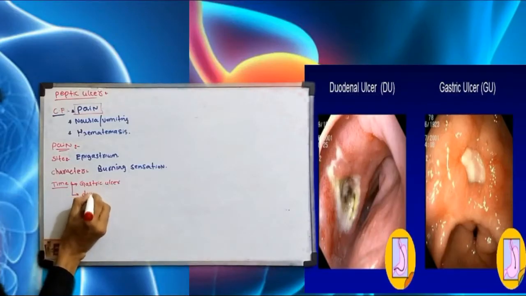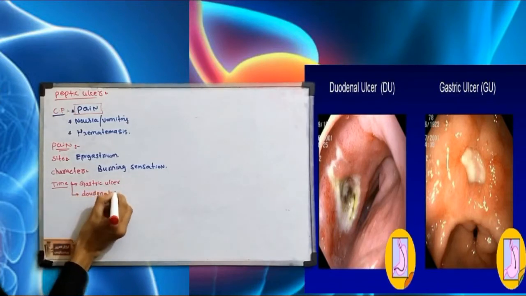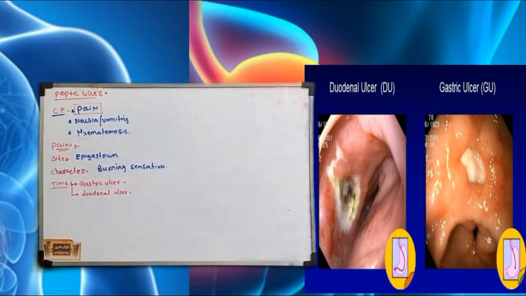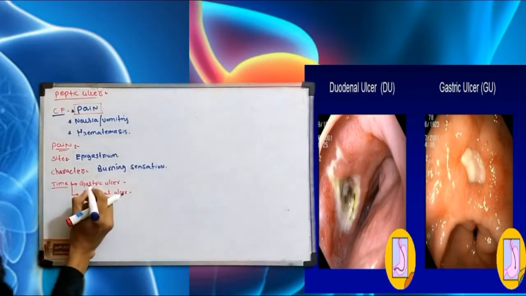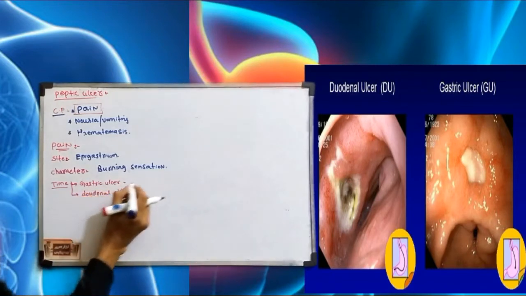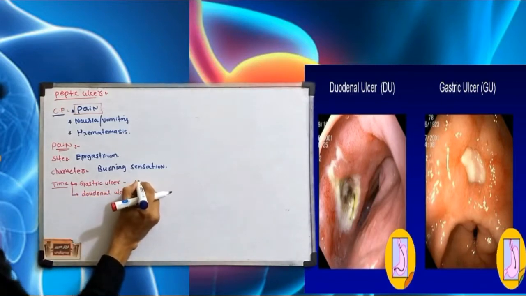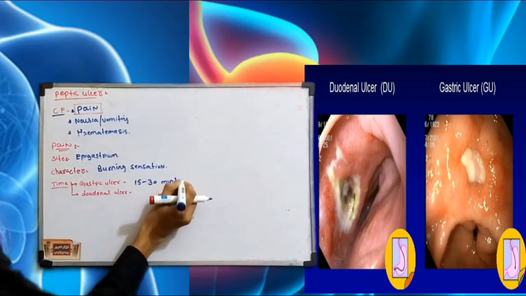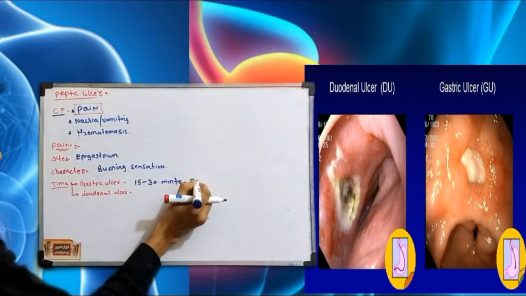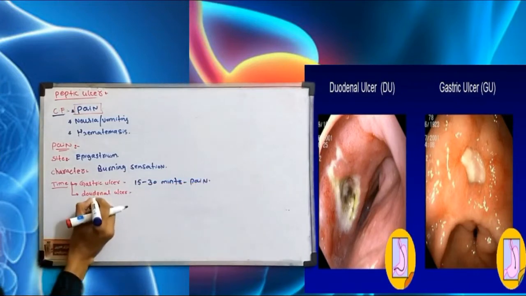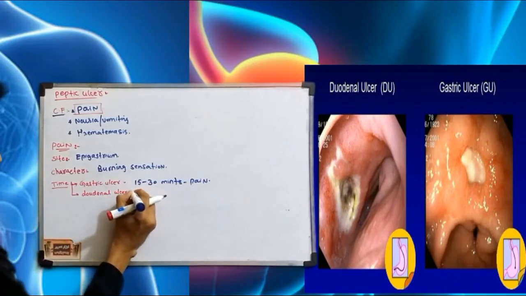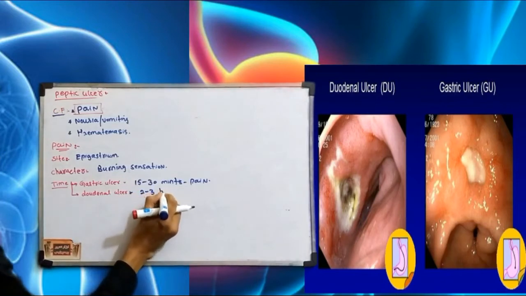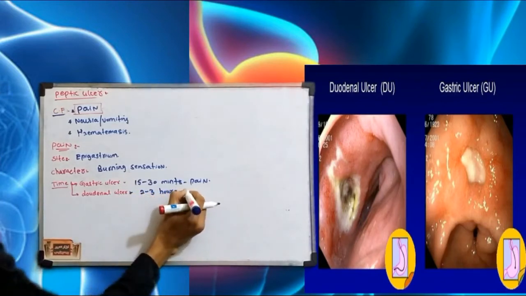In the gastric ulcer, when the patient takes food, after 15 to 30 minutes he or she will feel the pain. But in case of duodenal ulcer, when a patient takes food, after 2 to 3 hours the patient will feel the pain.